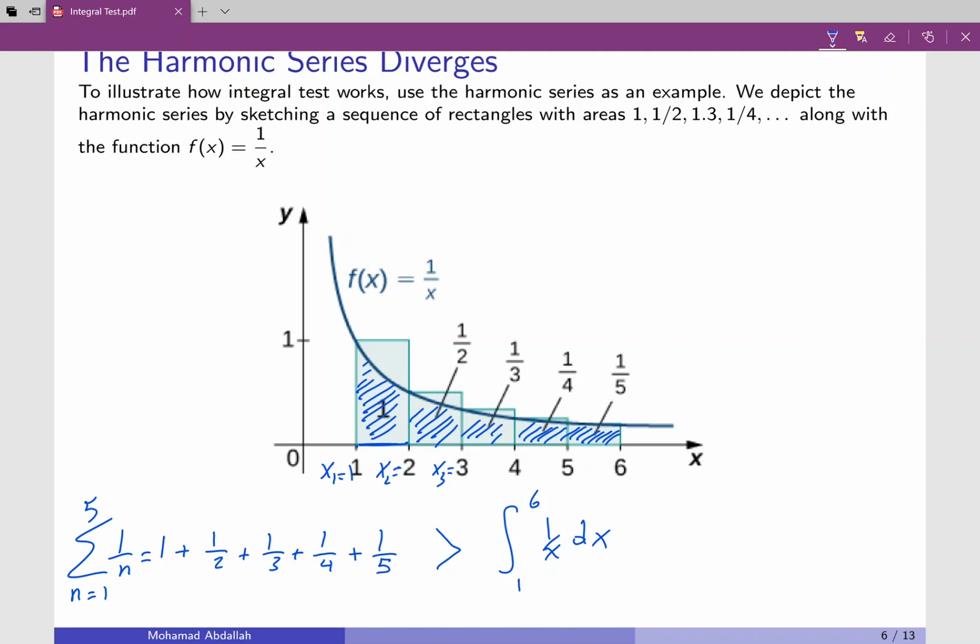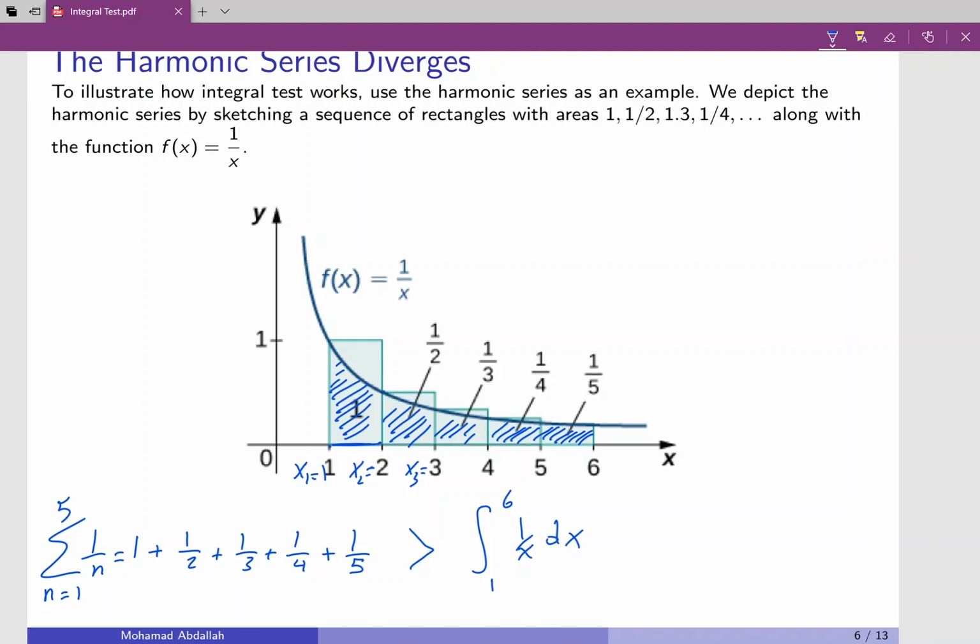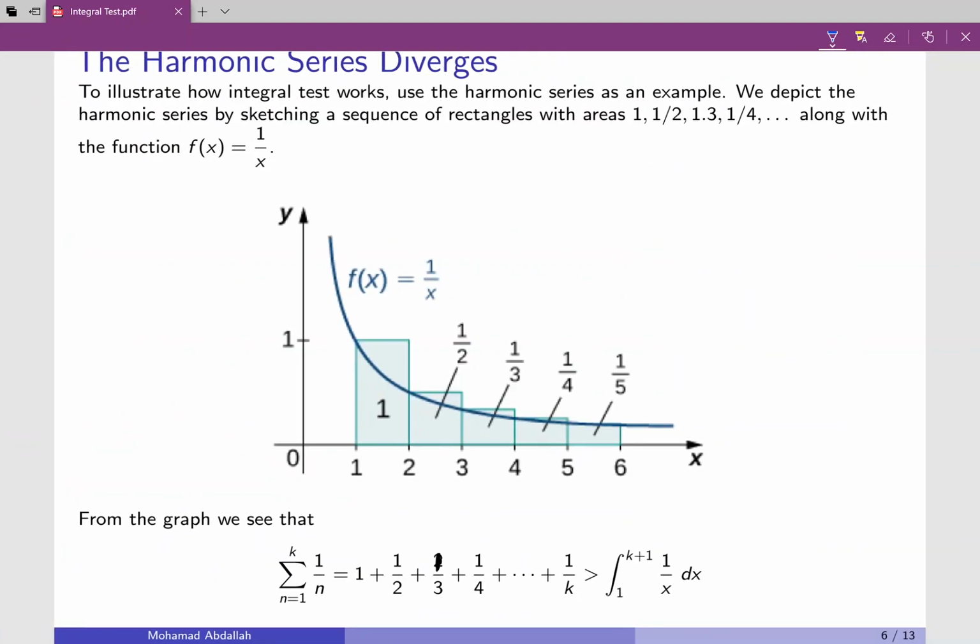Notice that the limit here is just 1 more than 5 because I'm using the left end points for the rectangles. So if I choose, for example, to stop at k, not at 5, this is going to be k and that's going to be k plus 1. So here's what I get in this case.